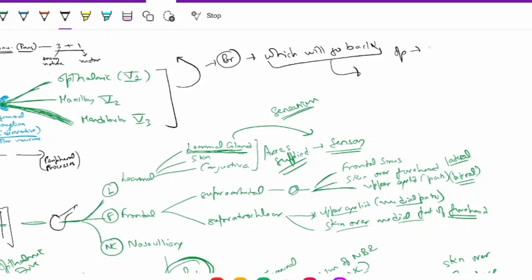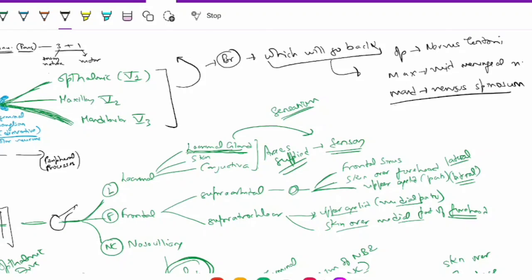Ophthalmic gives something known as nervous tentori, right? Maxillary gives something known as middle meningeal nerve, and mandibular also gives one branch which is known as nervous spinosum.